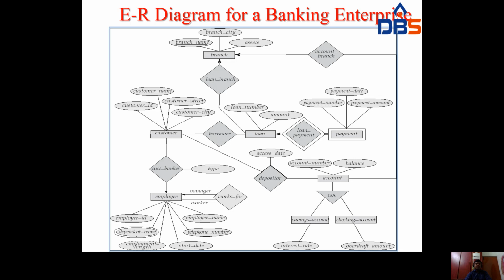Here managers are there, employees are there, aggregation is available, and different things, all the things discussed in the last slide or in this class also. All are combined to form the bank ER diagram, for the purpose of a banking enterprise.